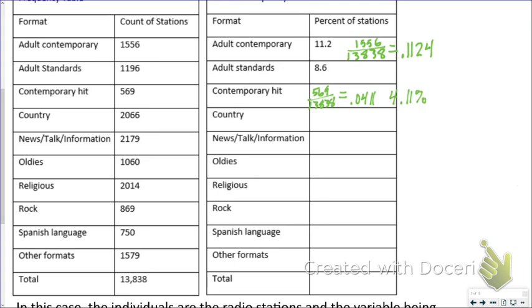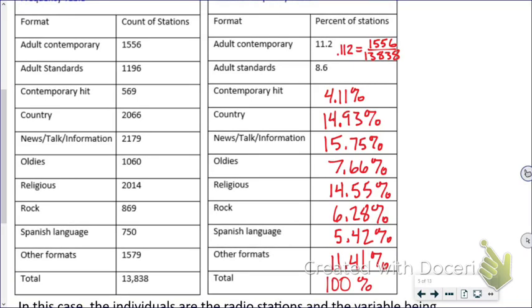So maybe hit pause and practice calculating those, and I'll display my results in a second. So there are mine. Hopefully you got the same thing. They should all roughly add up to 100%, or if you're doing proportions, 1.0.